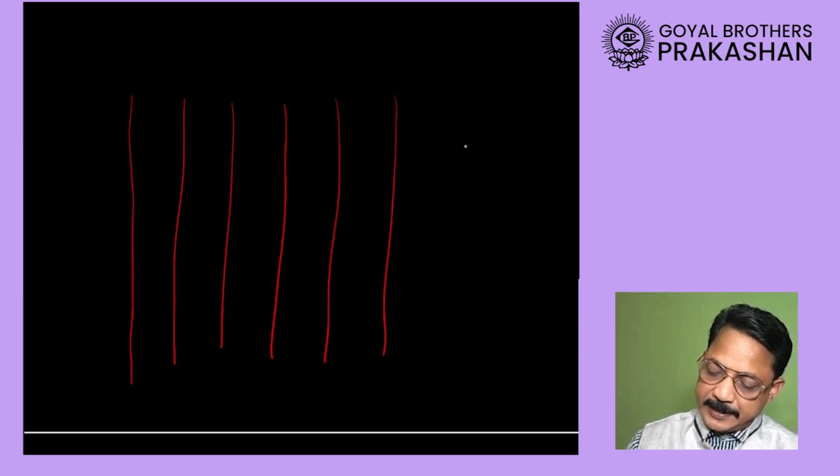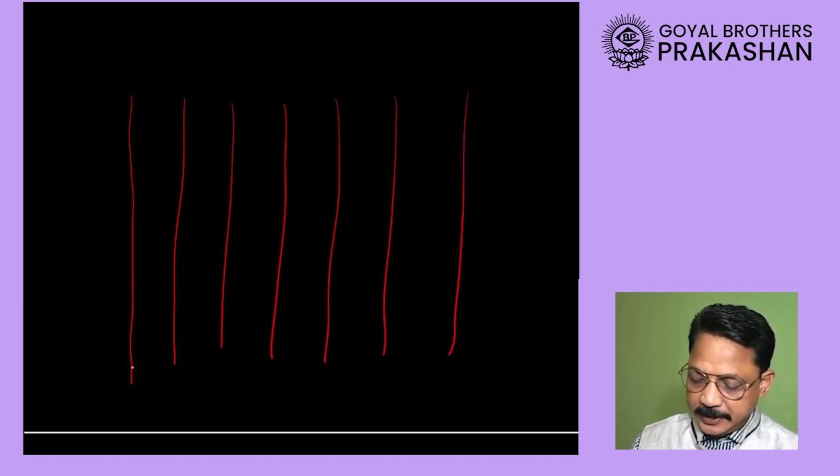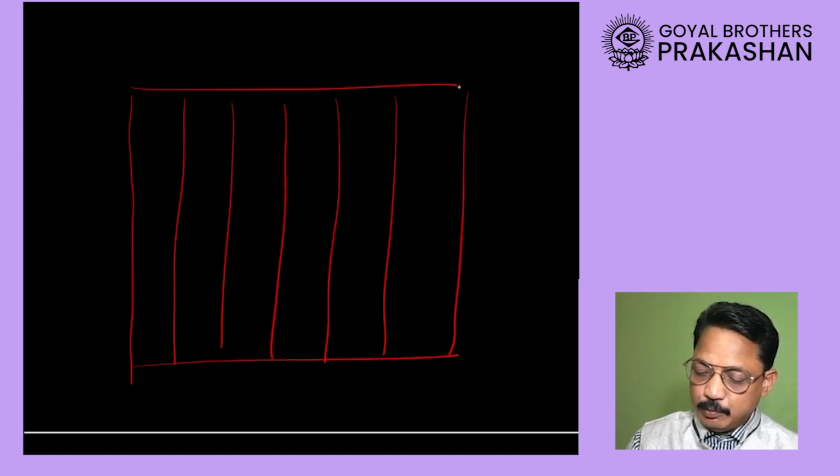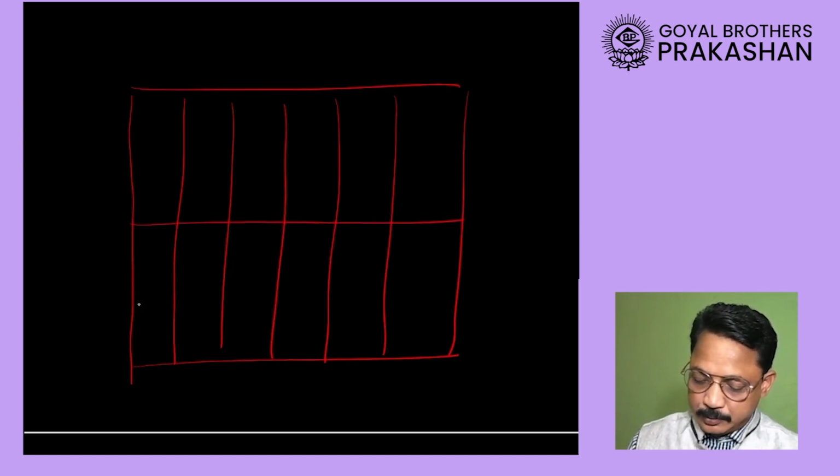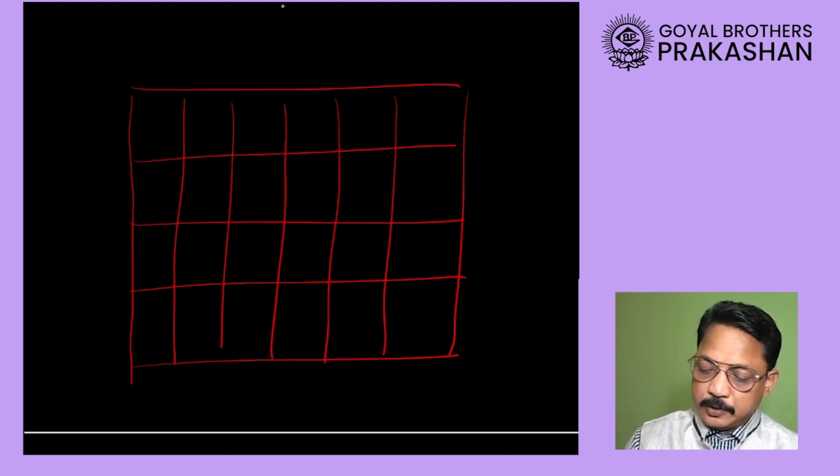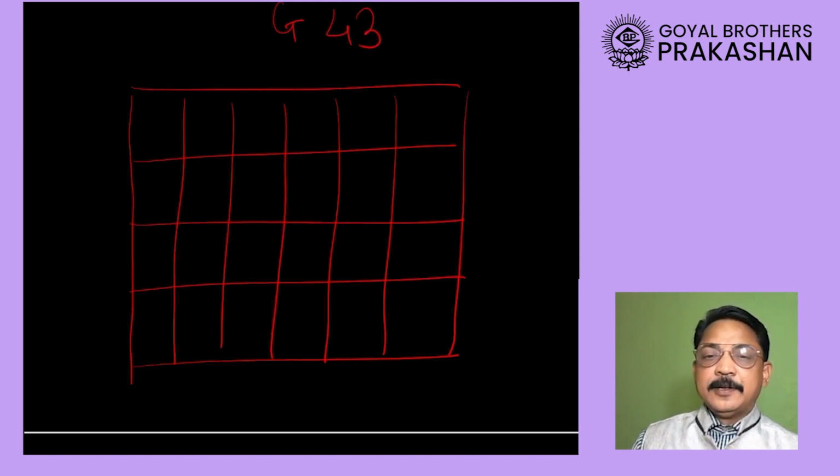Now look at this carefully. Suppose these are taken 1, 2, 3, 4, 5, 6, and horizontally they are to be divided into 4 equal parts. So 1, 2, 3, 4. So this is now a section of G43 further divided into how many parts in total? You are right, 24 parts.